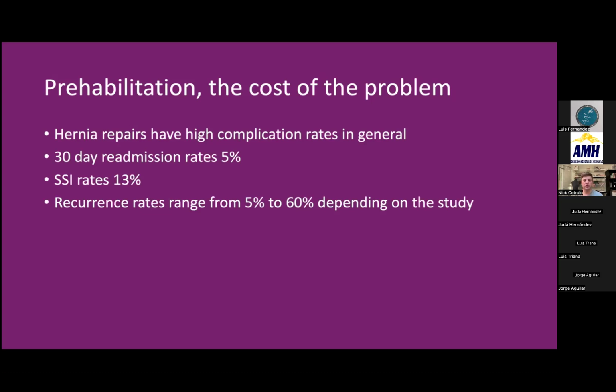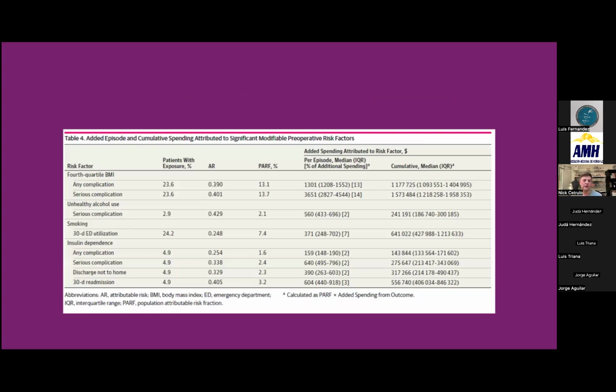Peristomal hernias are notorious for having complications and issues in particular. This is a table from one of the studies I had mentioned before, looking at these risk factors and the additional cost and spending required to fix it.